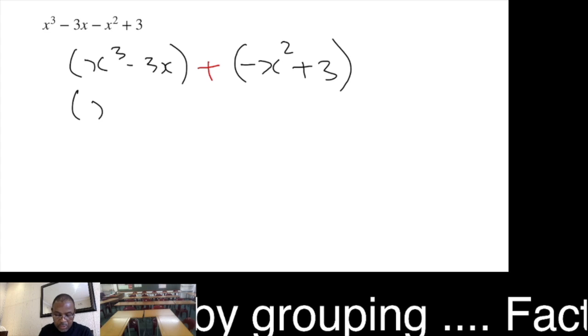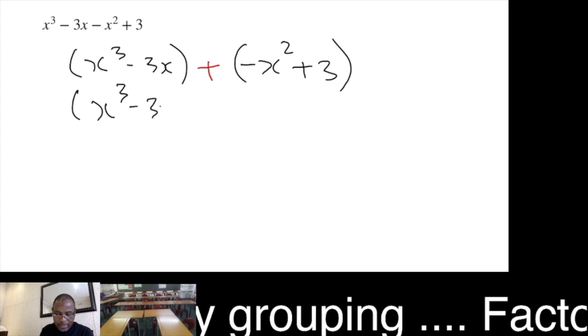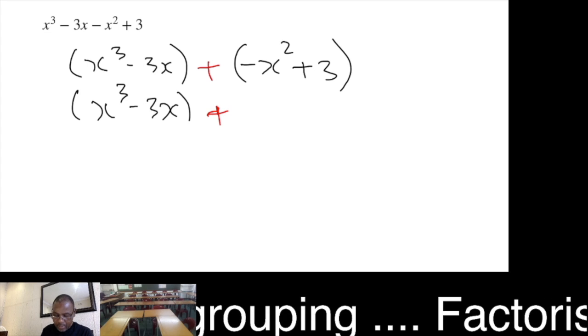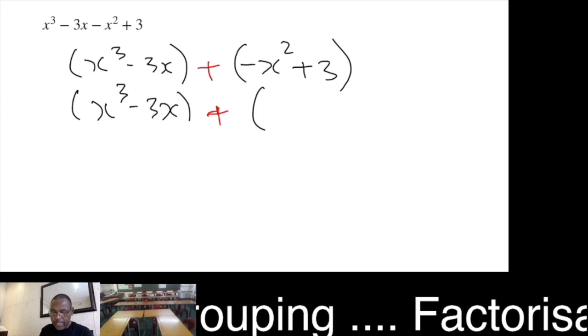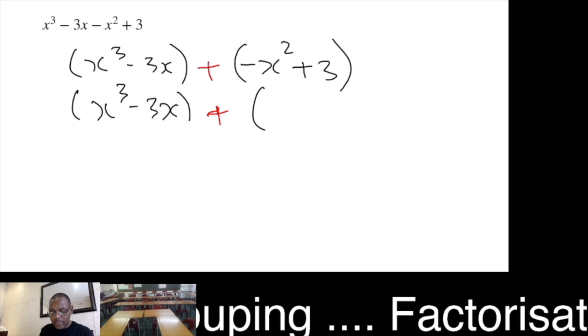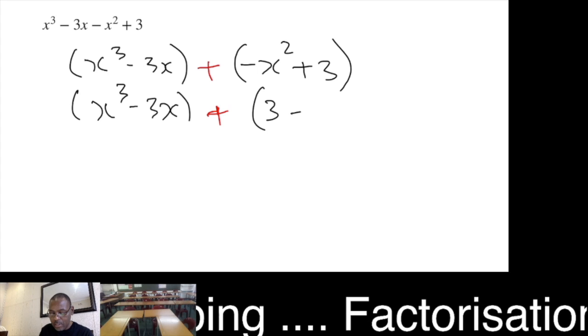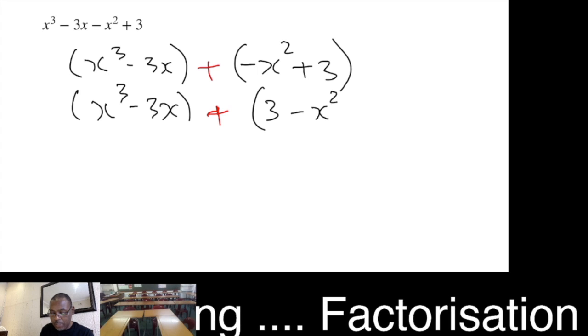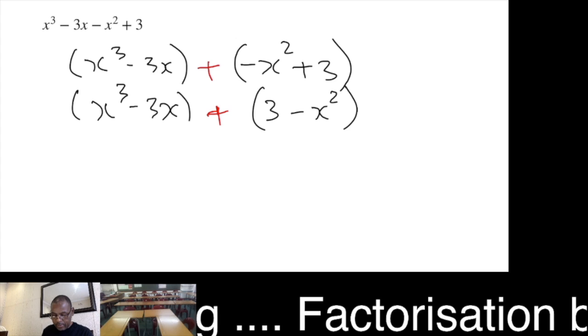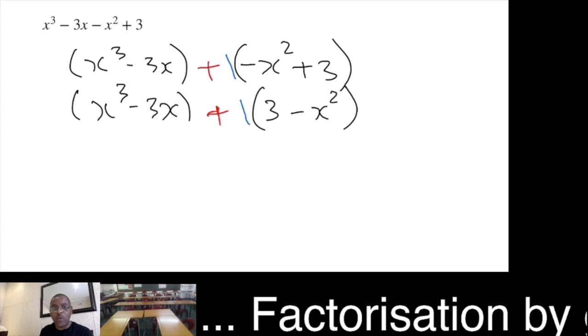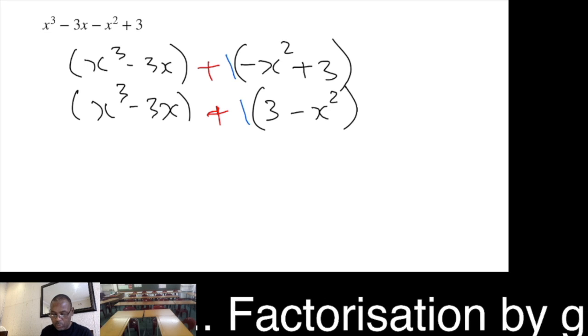Right, so this is x cubed minus 3x. This here, I'm just going to write the positive one first before the negative one. So I can write this as 3 minus x squared. And then take note, it looks like there is nothing there, but we know that there should be a 1 there. You can put a 1 there.